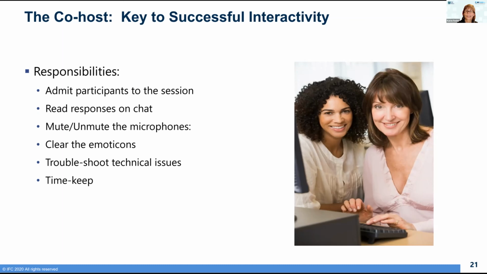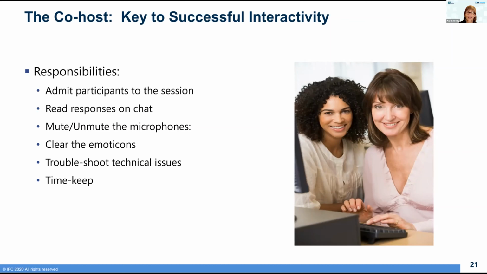Your co-host can also clear the emoticons and clear the annotations so that you don't see a hand and think that it's raised. Also, if there's any troubleshooting that needs to happen, if somebody can't hear or can't find something, the co-host can deal with that on the side.